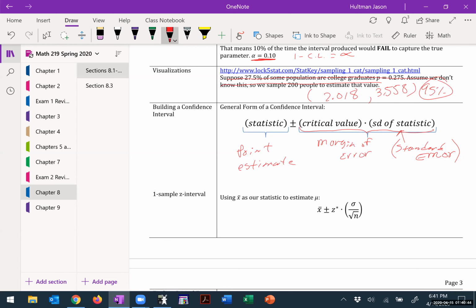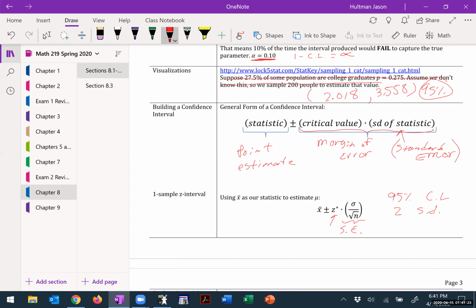Using X bar as our statistic for mu, we have X bar plus or minus Z star times the standard error. Z star is how many standard deviations away from the mean I want to be. A 95% confidence level is roughly 2 standard deviations away, or 2 standard errors.